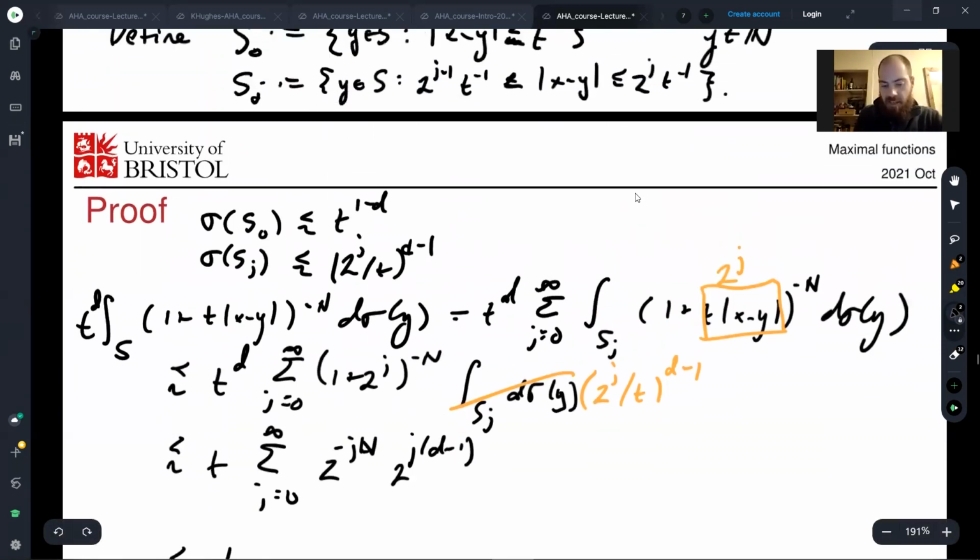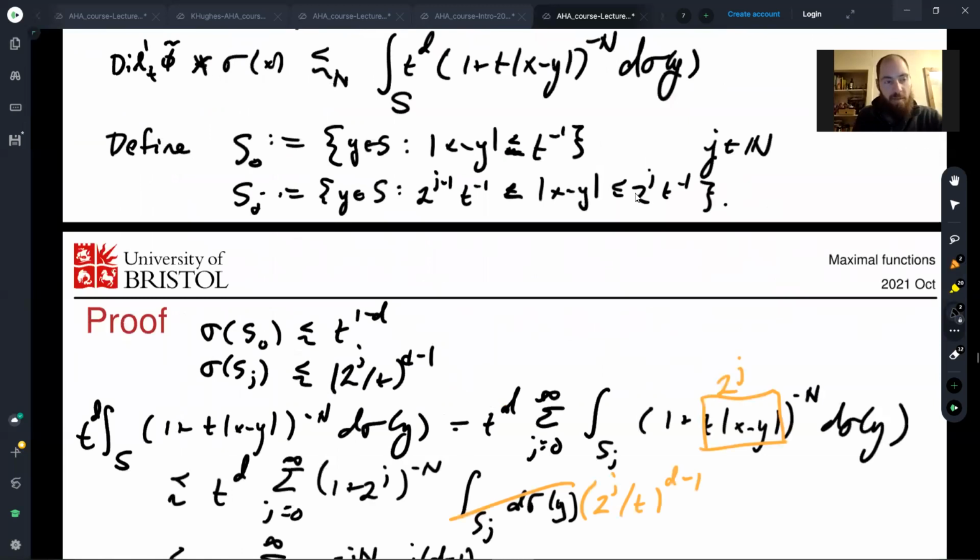First off, our sets S j, S naught, they're going to be the same as before. But we have this extra localizing factor. It turns out that I can look at S j of x, so these sets are implicitly depending on x, even though I didn't keep too good track of it.